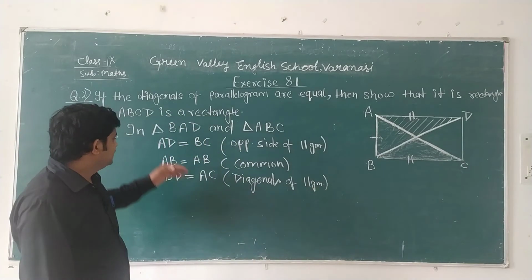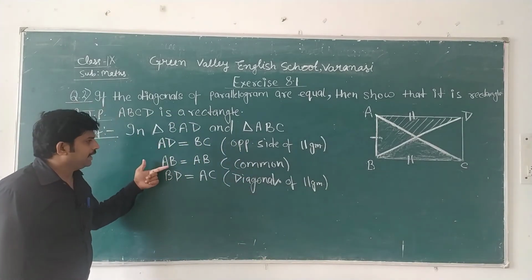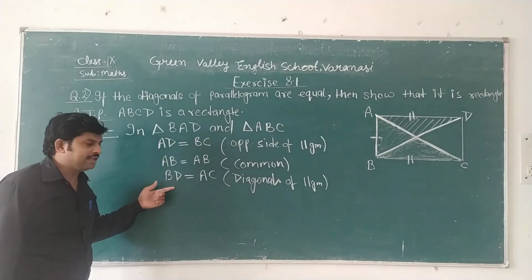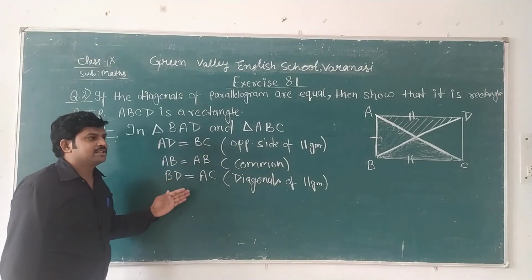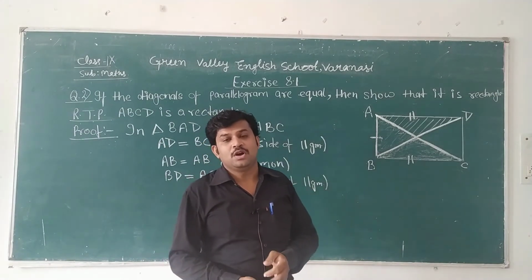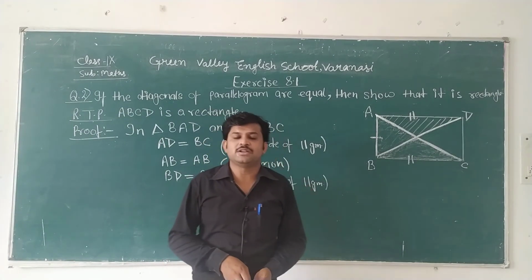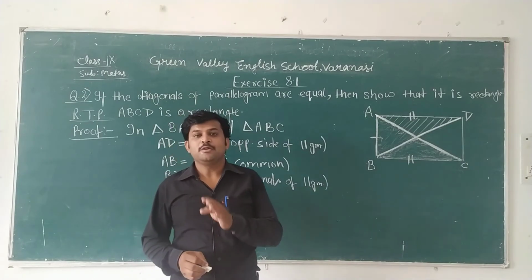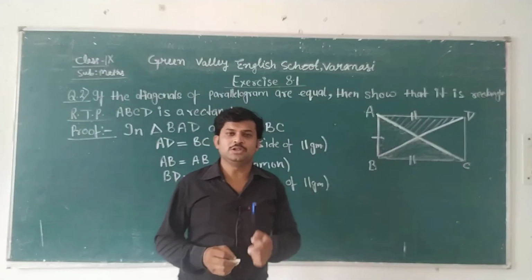Now we have three sides AD, AB and BD. It means all sides of the first triangle are equal to the corresponding sides of the other triangle, so both the triangles are congruent.